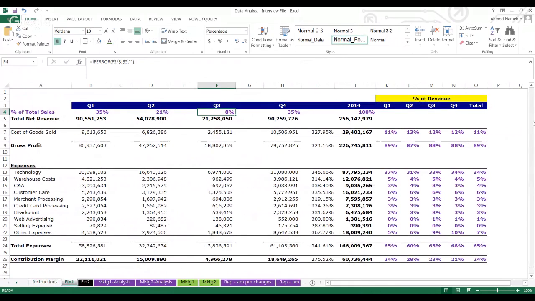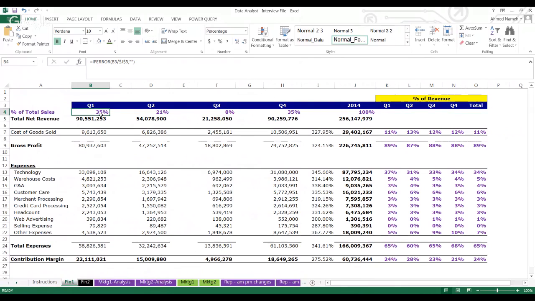So tab 1 did not look like this when the file was delivered to me. I added a few KPIs to help me assess what kind of trends exist. The first thing that stands out is that sales for this specific company or corporation, whatever the case may be, are seasonal.